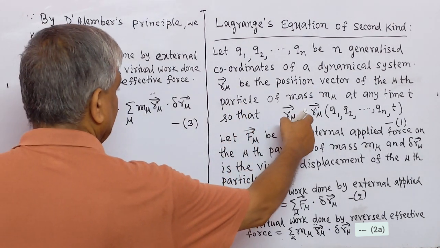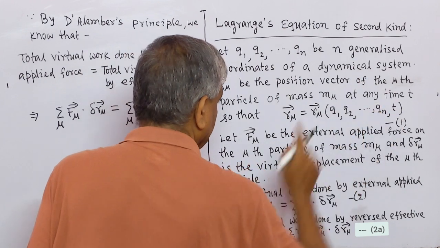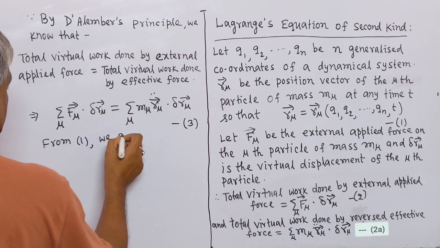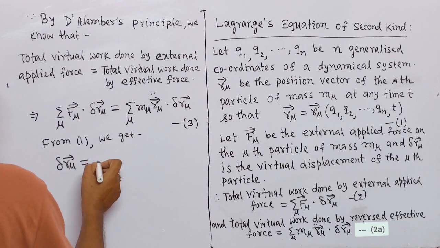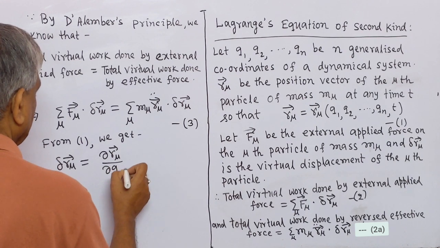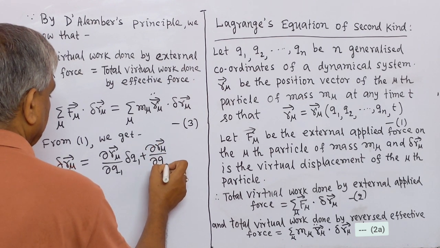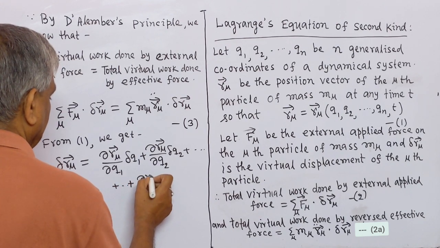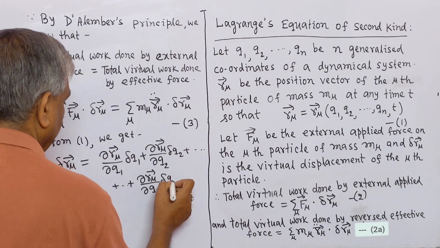Since R mu is the position vector, which is a function of generalized coordinates q1, q2, ..., qn, t, from 1 we get delta R mu vector equal to the partial derivative of R mu vector with respect to q1 times delta q1, plus the partial derivative of R mu vector with respect to the second coordinate q2 times delta q2, plus ... plus the partial derivative of R mu vector with respect to qn times delta qn.